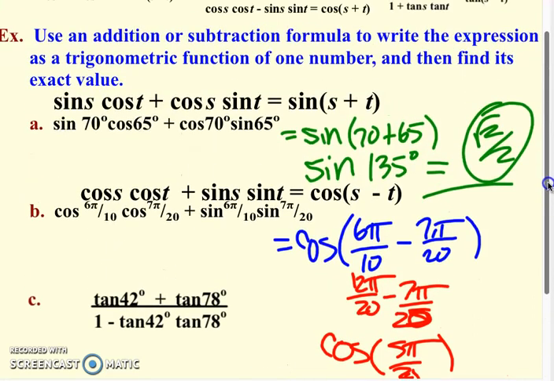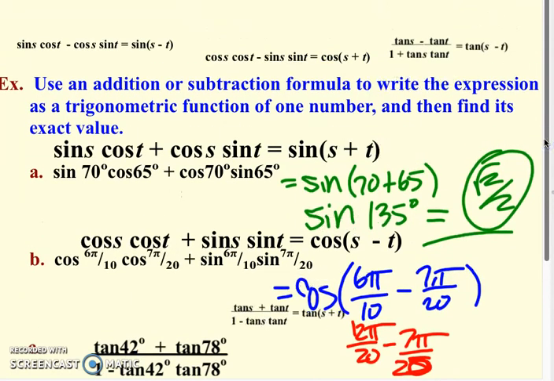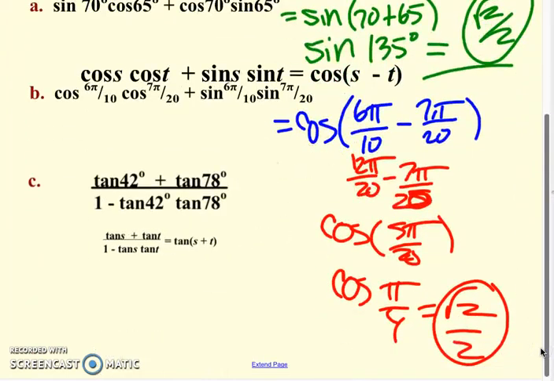Okay, last one. Then we're going to do some identities to kind of finish off the notes. So looks to me like I have a tangent sum going on. So I see this.